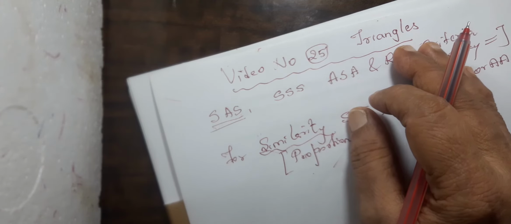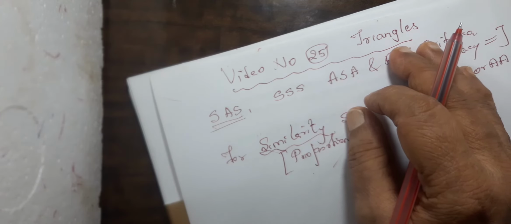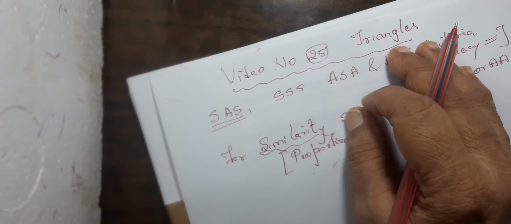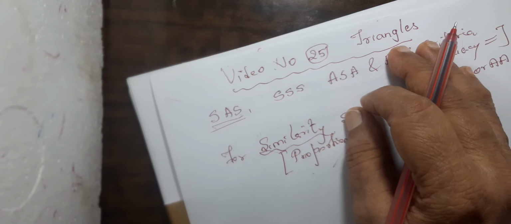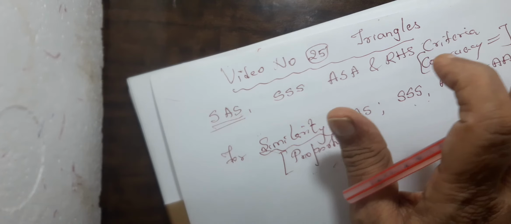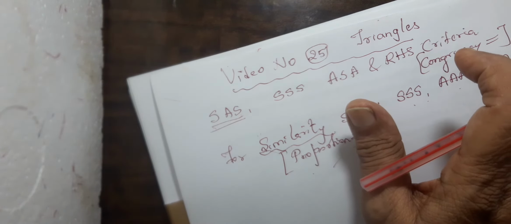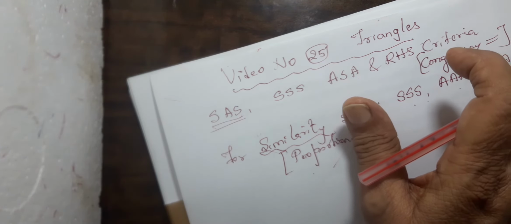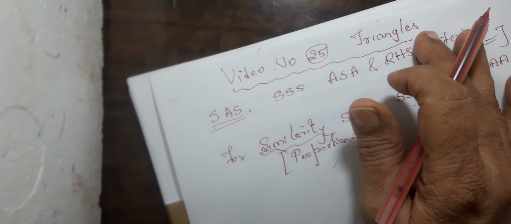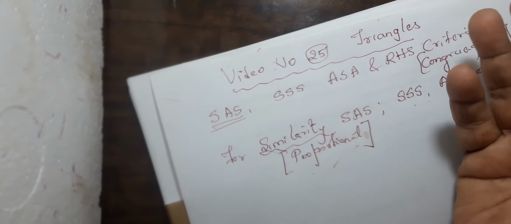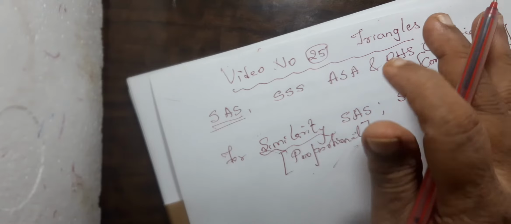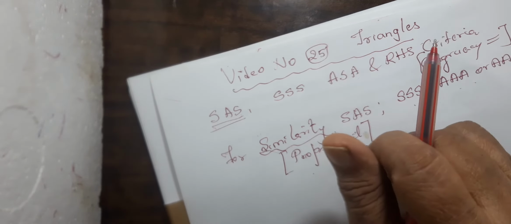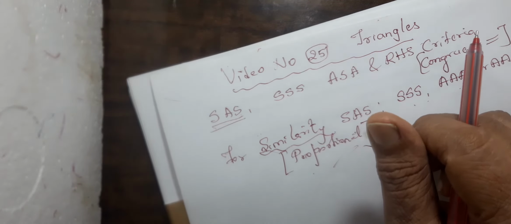Both these properties must be there. We saw some figures, a rectangle and a square: only their angles were equal, but the sides were not in the same proportion. Similarly, two squares are always equiangular, and they are always similar.